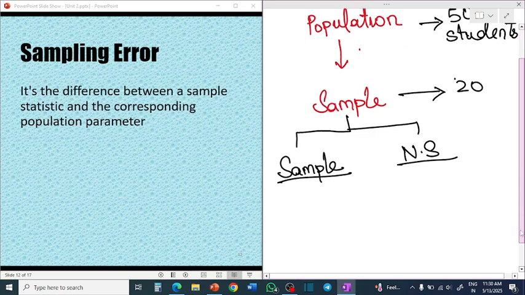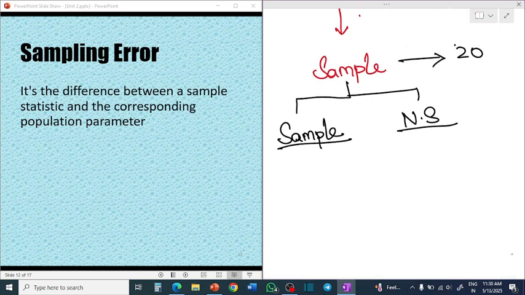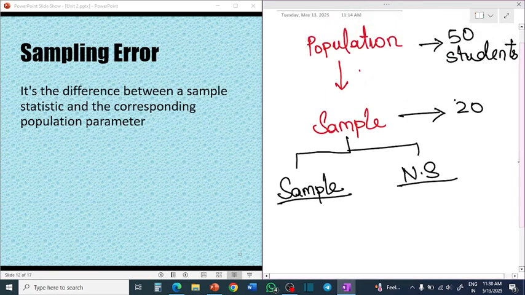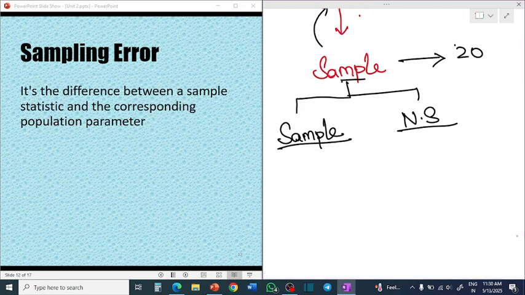Sampling error occurs when our sample does not represent the population properly. For example, in the first example, there is a sample of 20 students.